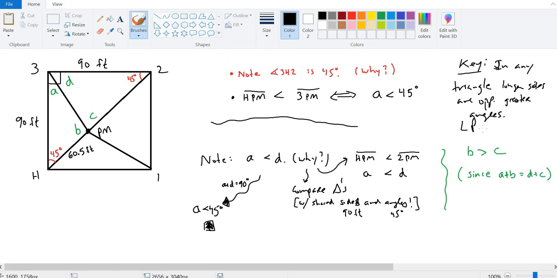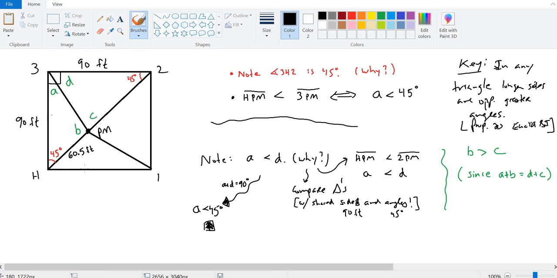This is actually Proposition 20 out of Euclid, Book 1, whereas the Pythagorean theorem is Proposition 47 in that same book.